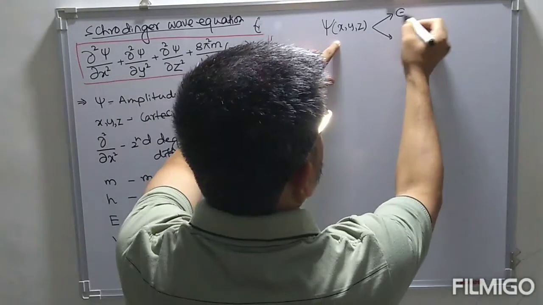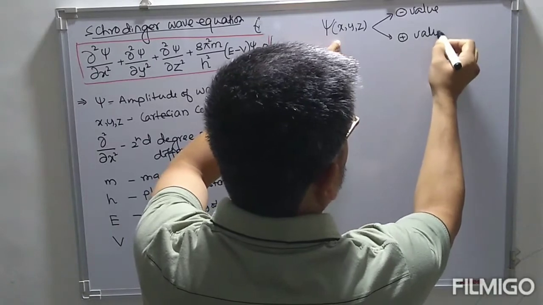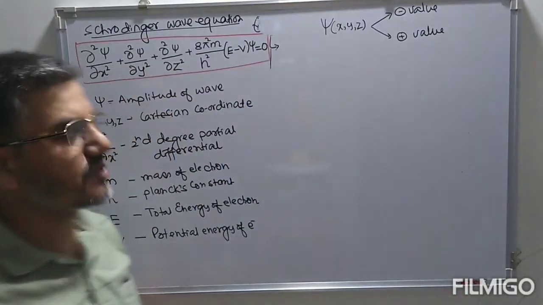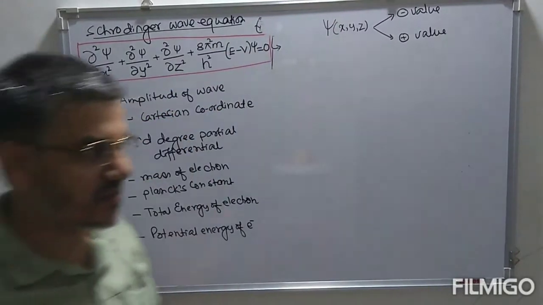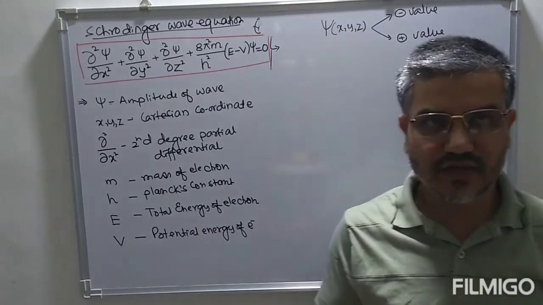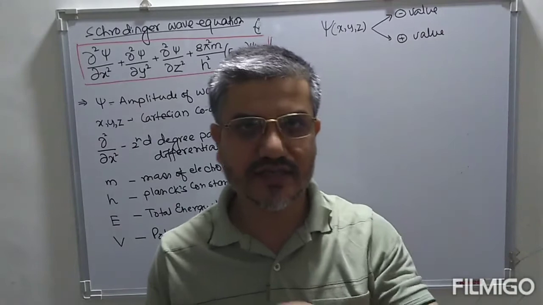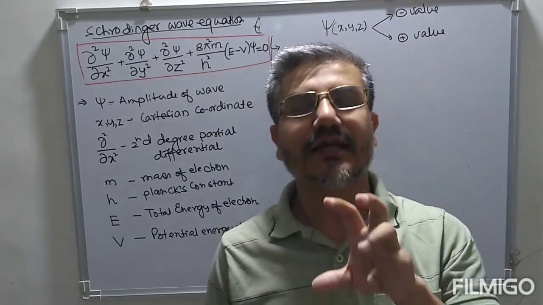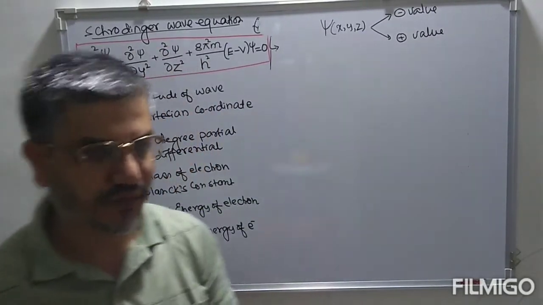So two values are possible for this amplitude, that is wave function psi. That means in an atom we represent the electron by a wave, so this wave will have extension in the positive direction as well as the negative direction. So the amplitude of the wave will have two possible values.